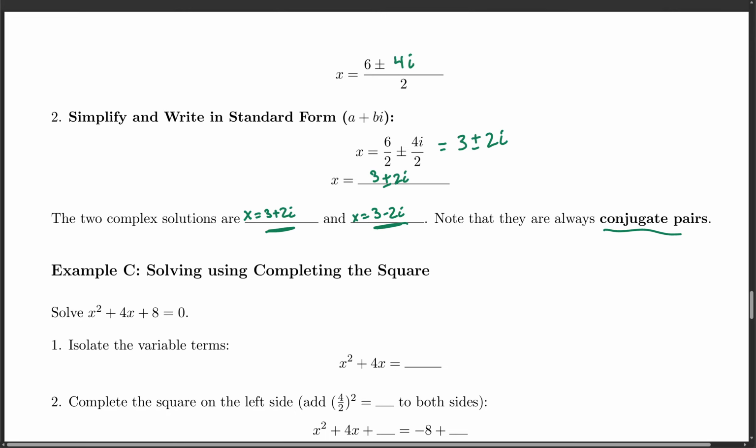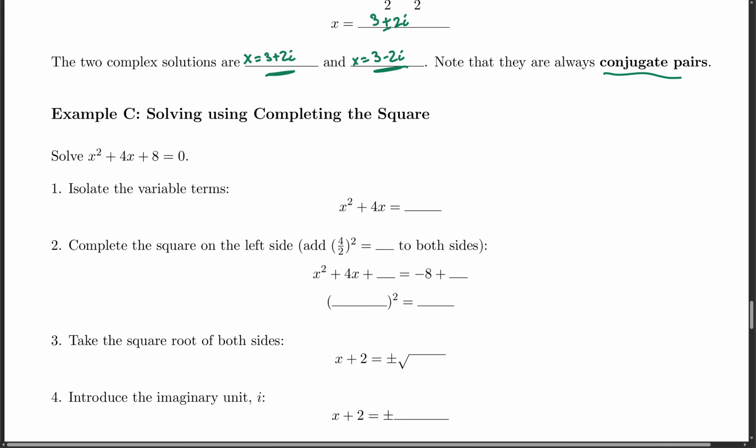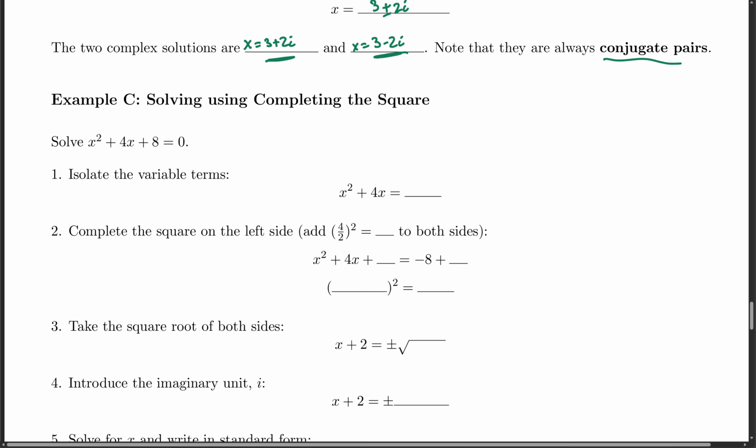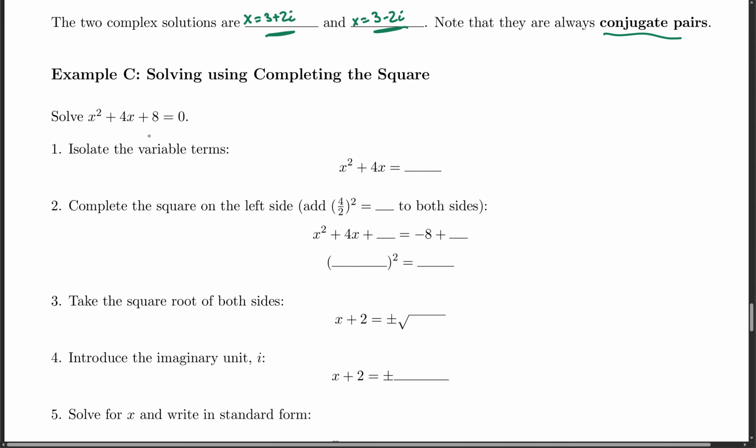Okay, so let's go on to example C, solving using completing the square. Because it's telling us to solve using completing the square, we know what steps we're going to have to follow. So I start by subtracting 8 from both sides, and then I get, I'll do it over here now, x squared plus 4x equals negative 8.